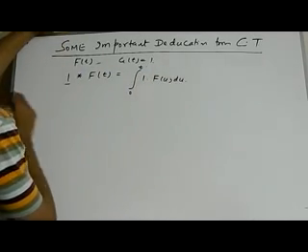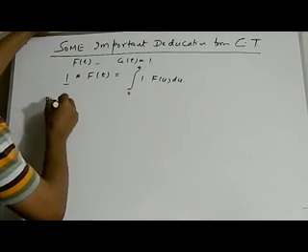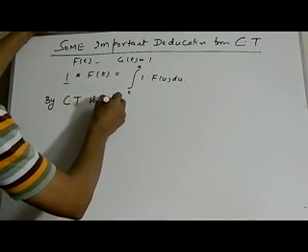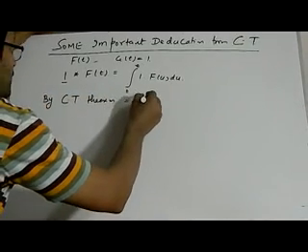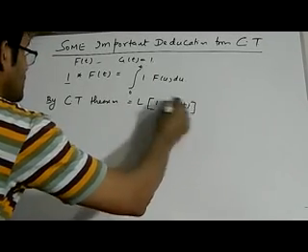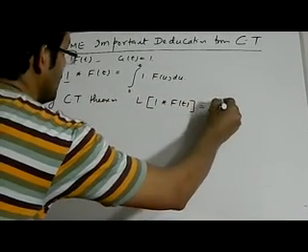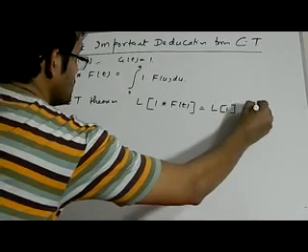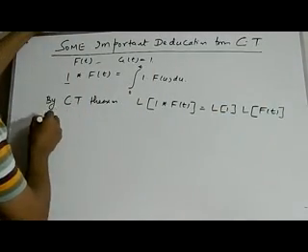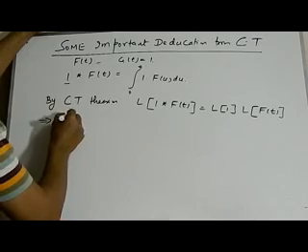So by CT, that is what we call the convolution theorem, Laplace of 1 star f(t) should be equal to Laplace of 1 into Laplace of f(t). So this will imply Laplace of this.